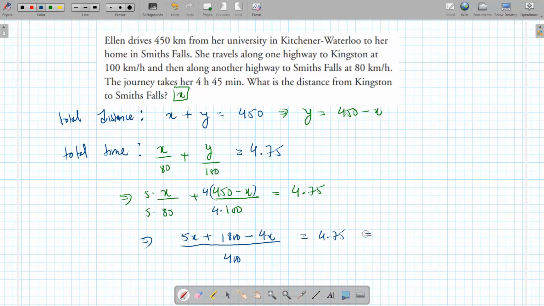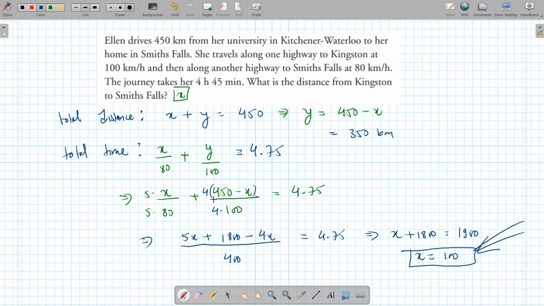Yeah. Multiply both sides by 400, so you get x plus 1800 equals 400 times 4.75. That gives me 1900. Therefore, x, our unknown, is 100 kilometers, which means if they asked us for the other distance, that would be 350. So y would be 350 kilometers. But this is our answer to this question, the unknown. Okay?